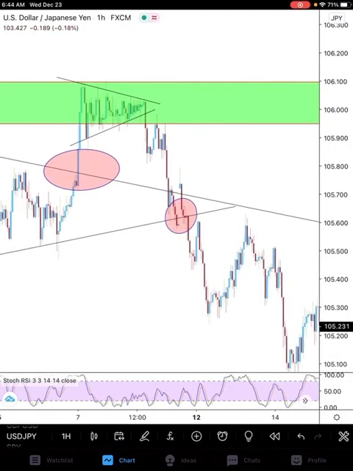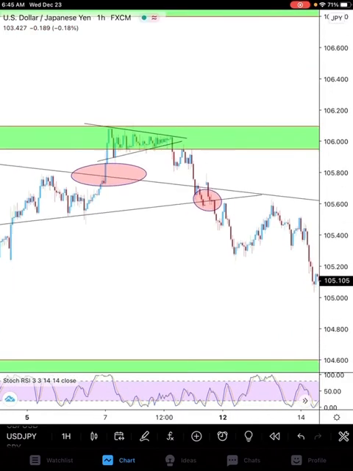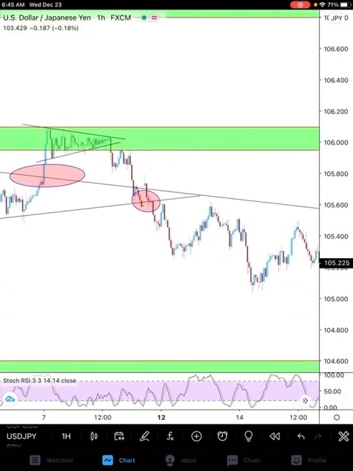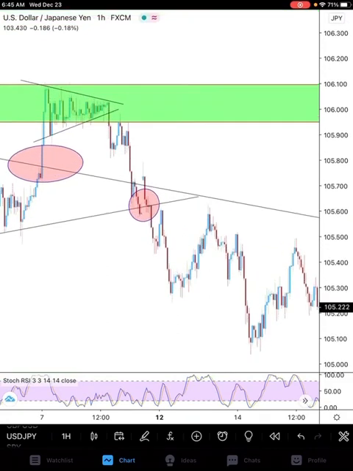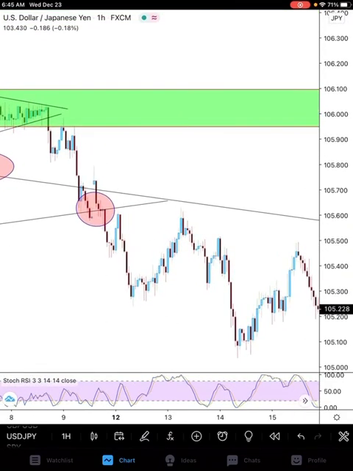It's a whole bunch of pattern stuff. You would want to look to sell.